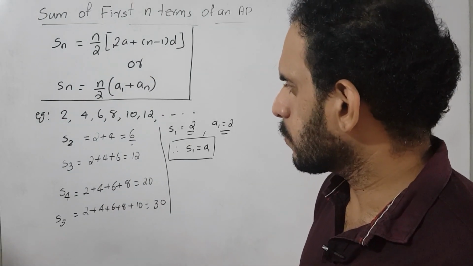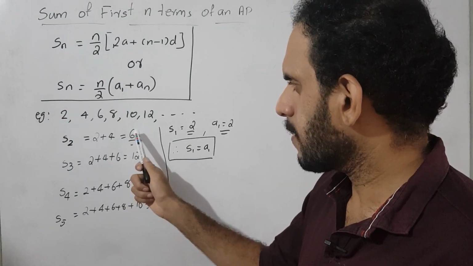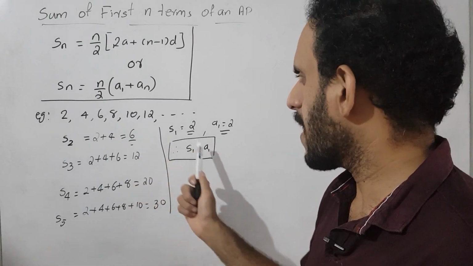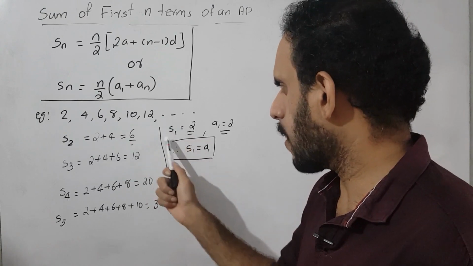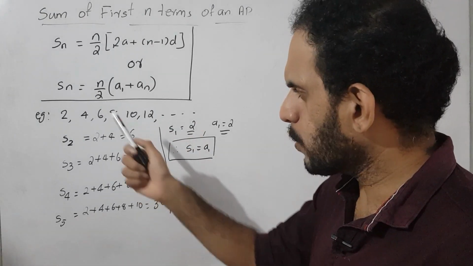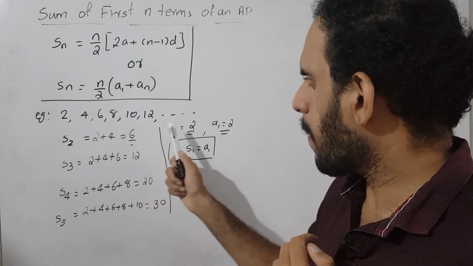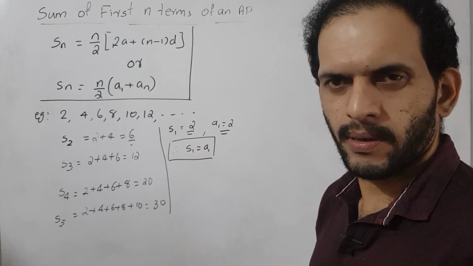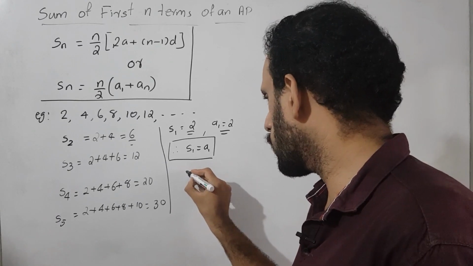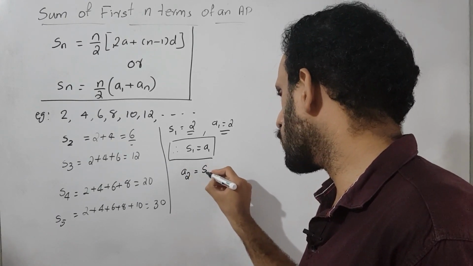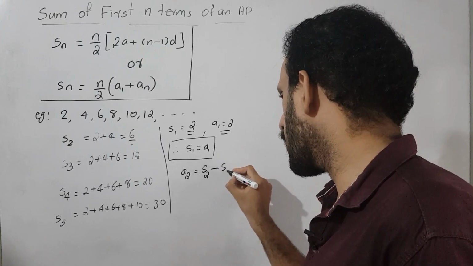A2 is equal to 6 minus 2. 2 is same as A1 and S1, so we take the sum. In the terms of sum, how do we write A2? A2 is S2 minus S1. Correct? Then we write it here, A2 is equal to S2 minus S1.